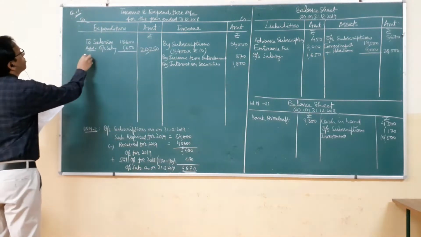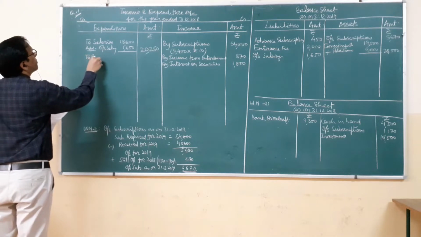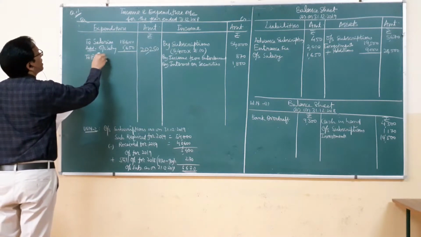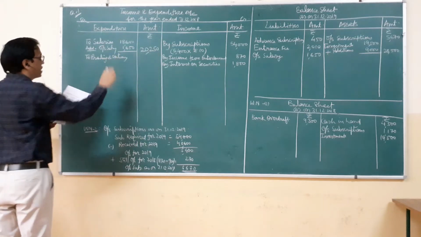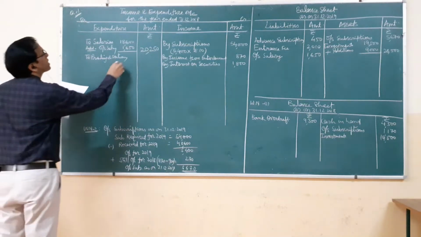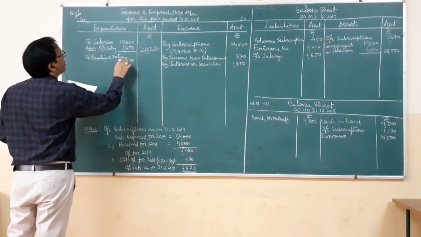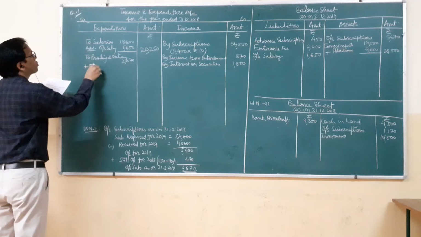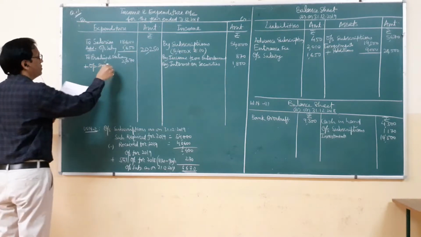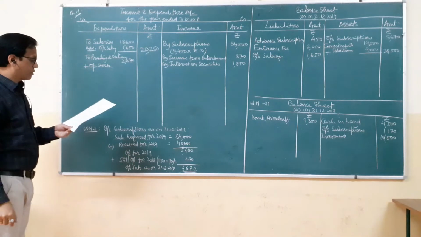Then next item is printing and stationery. So we write here to printing and stationery. For this, the amount given is 2,670, and below it some additional information is given. So we plus the opening stock of stationery. See the addition number 2.